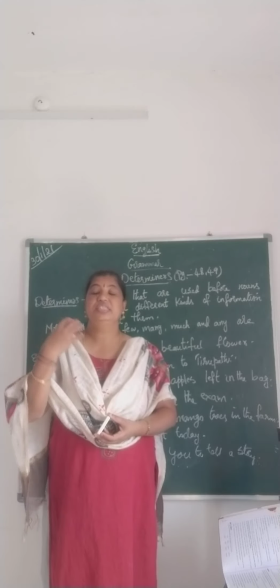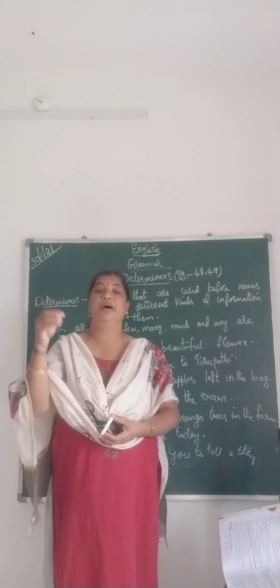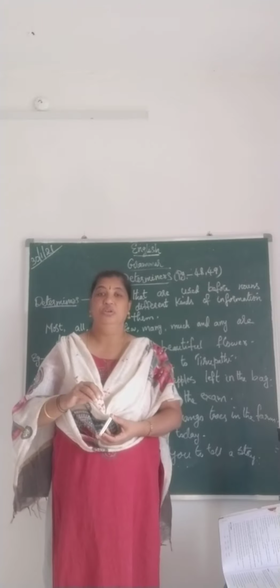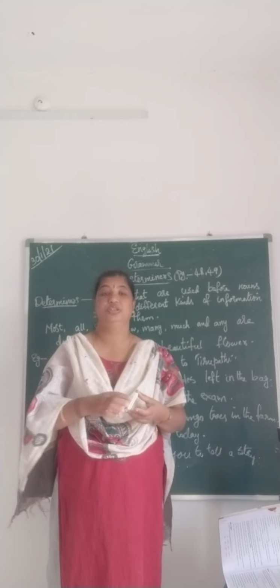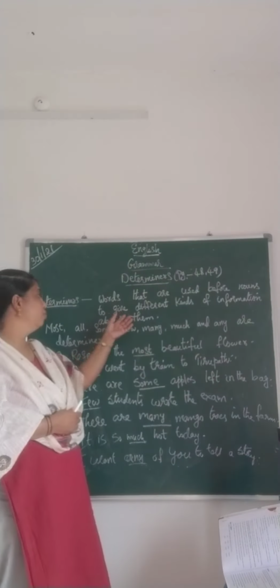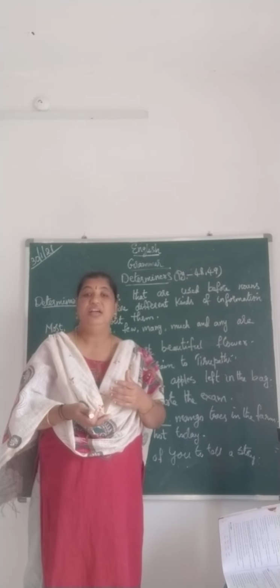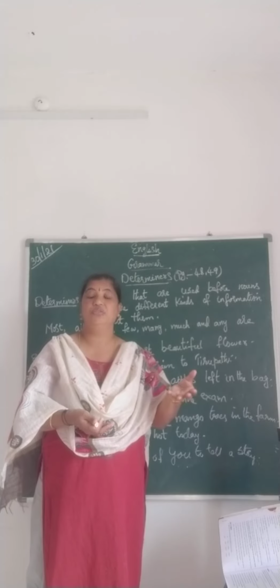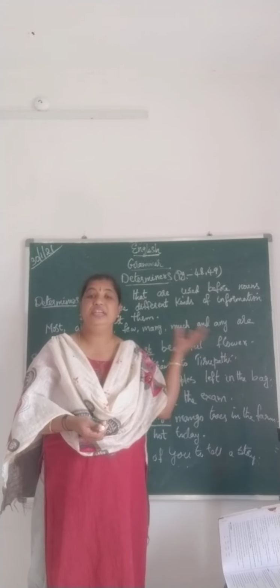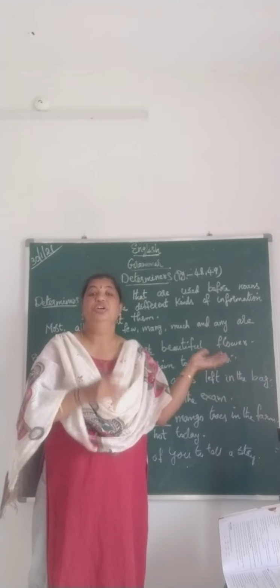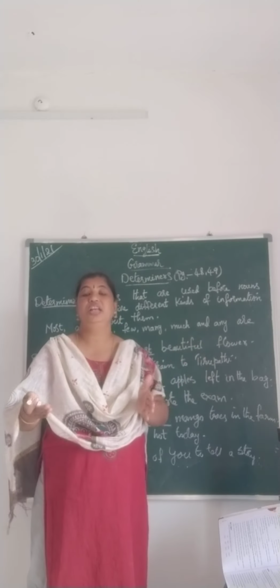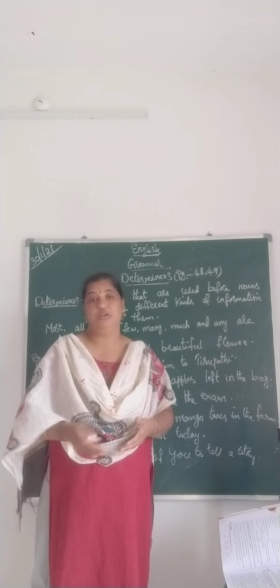They give us some additional information about the noun. Okay, they give us some more information regarding the noun. So how they are, what they are, in which way they are, we are speaking about the noun. These words called determiners are used to give extra additional information on nouns.